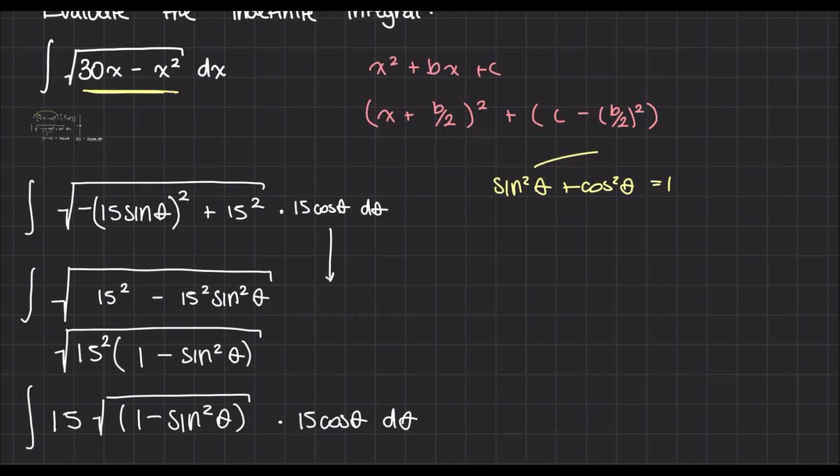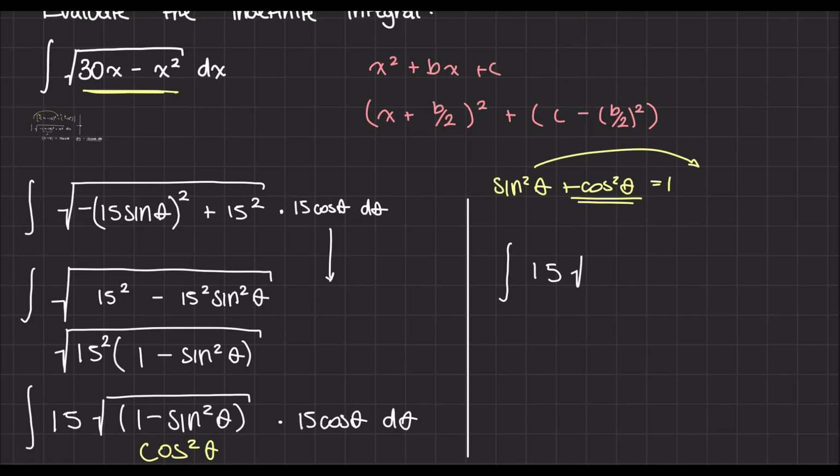And then from here, if we move the sine to the other side, we have cosine squared. So therefore, we can write this as cosine squared theta. We're left with the integral of 15 square root of cosine squared theta times 15 cosine theta d theta.